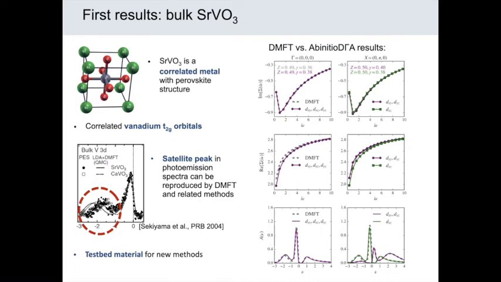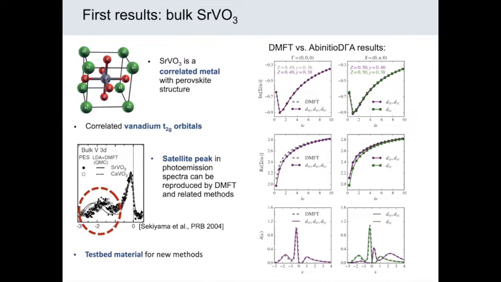What you can see here are DΓA and DMFT results for this material. So it's 2 columns: the first column is for the gamma point, the second column is for the X point. Then in the first row, you have the imaginary part of the self-energy.